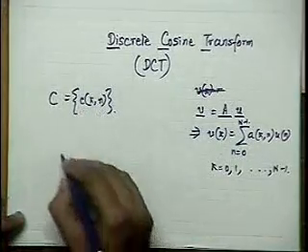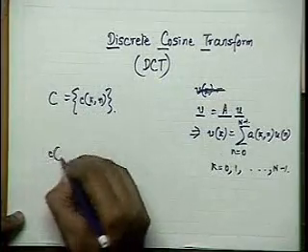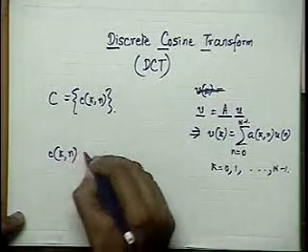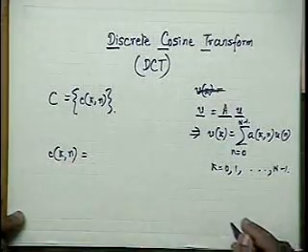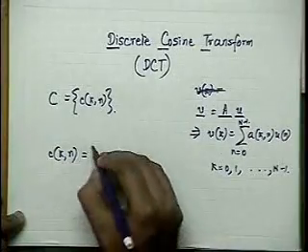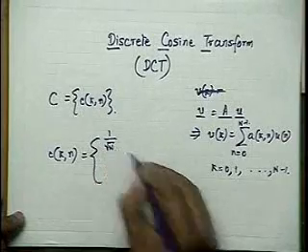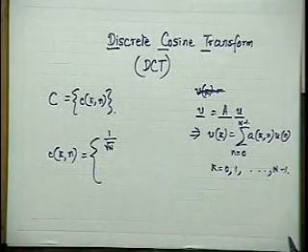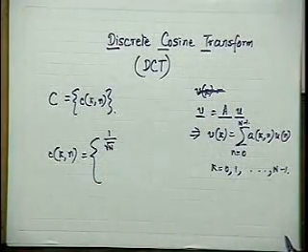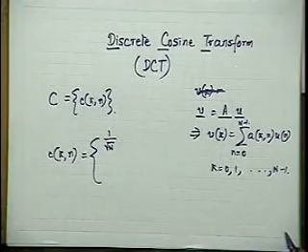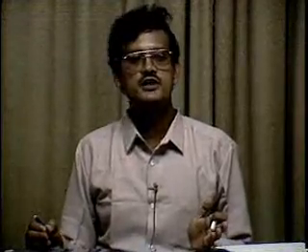Now, the definition of the elements is simply this: Ckn is equal to 1 upon square root of N. You know why the square root of N factor is coming, because in the case of the unitary one-dimensional DFT, we were having the factor 1 by square root of N coming.